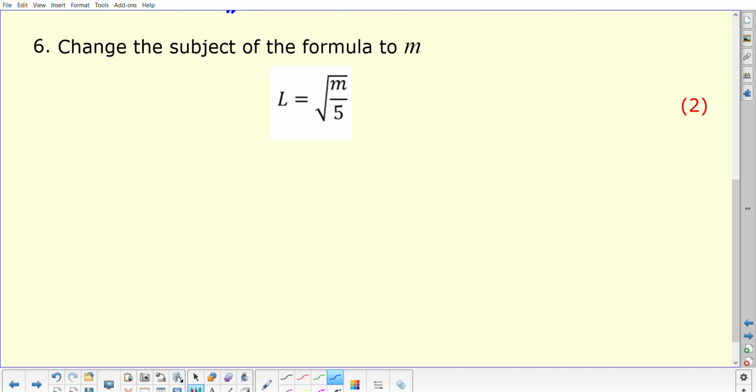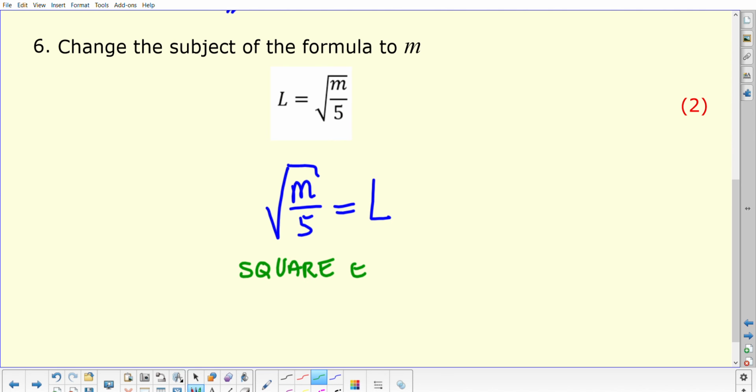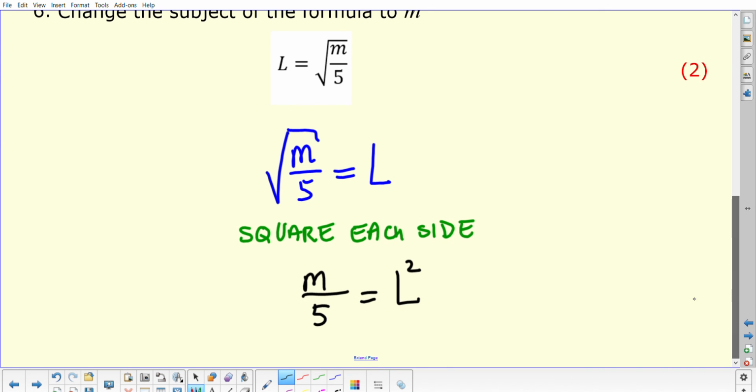So I'm going to switch my sides and I'm going to write my m/5 on this side equals L. And it's the m term I'm trying to isolate, but to get rid of, because that square root sign is covering the whole fraction, I'm going to say the opposite of a square root is to square each side of this equation. And when you square each side of the equation, it means the square root sign disappears, so you just get m/5, but this side you would get equals L squared.